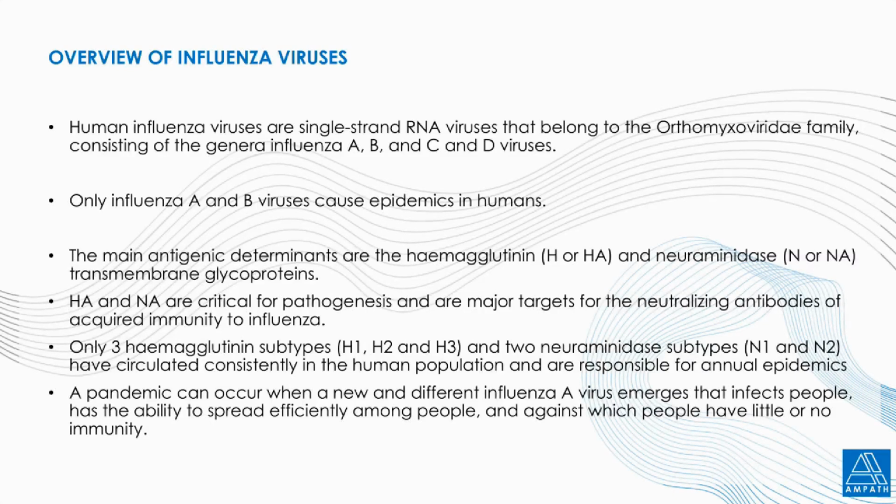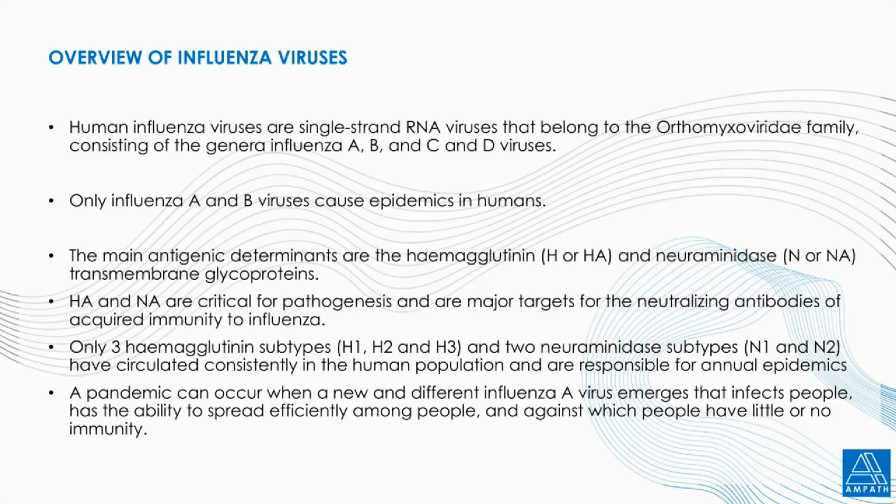You have 3 HA subtypes, H1, H2, and H3, and you have 2 neuraminidase subtypes, which is N1 and N2. And I'll explain this a little bit further on in the next slides. But these types or subtypes have circulated consistently in our population and are responsible for the annual epidemics.